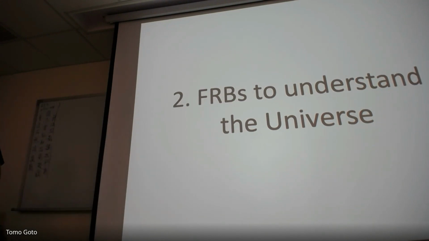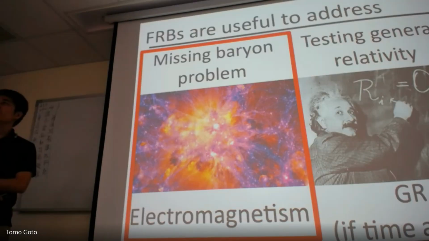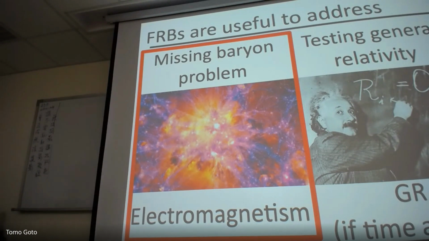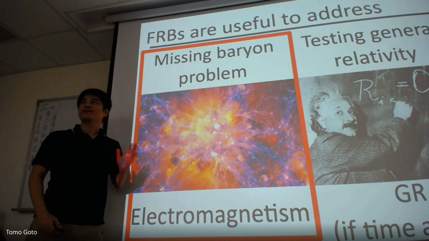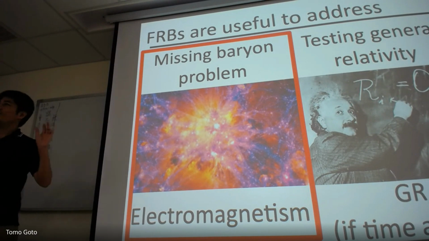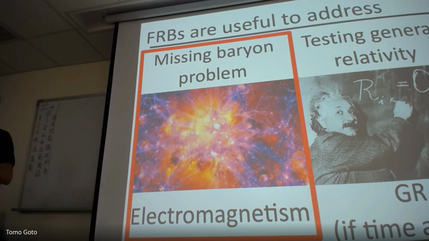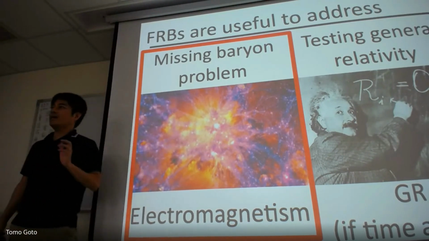Let me explain some examples here. According to the time limit, I can explain maybe one. FRBs are used to address many important questions in astronomy and astrophysics. I just selected one: the missing baryon problem.